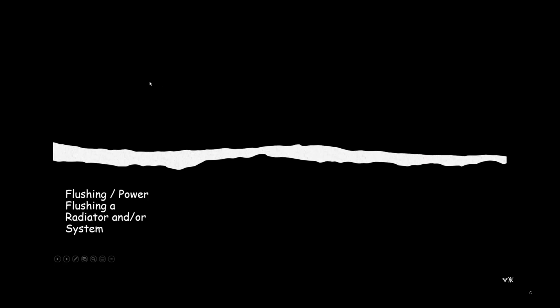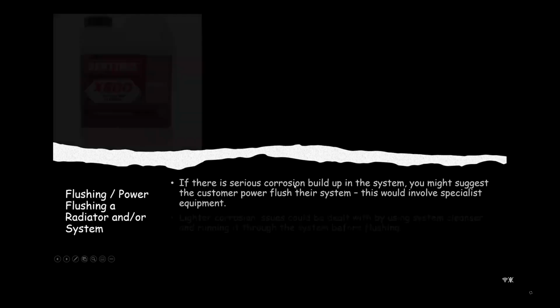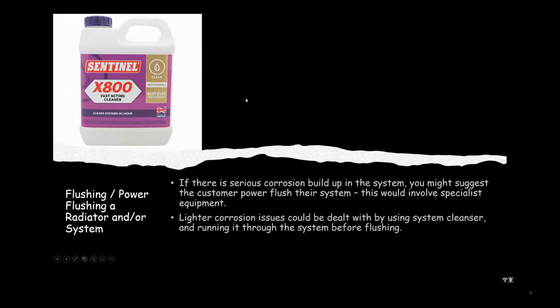So flushing, power flushing a radiator and or system, we're just going to very briefly look at this. If there's a big serious corrosion build-up in the system, and a lot of radiators have got cold spots, then it might be worthwhile for the customer to power flush the system. You need specialist equipment for that. If you've just got some minor corrosion issues, you could use system cleanser, and then put some system neutralizer in the system as well.